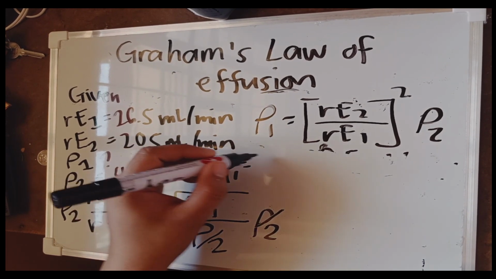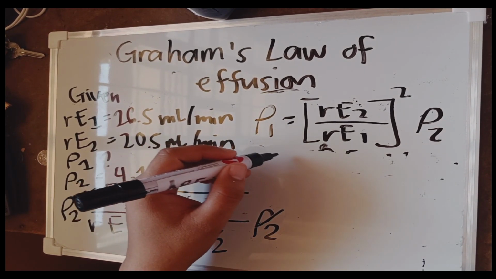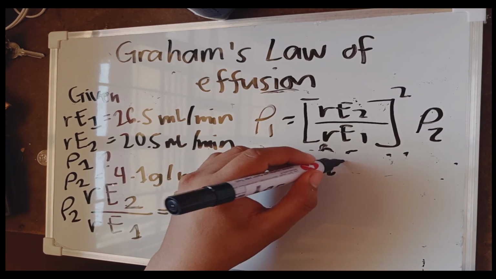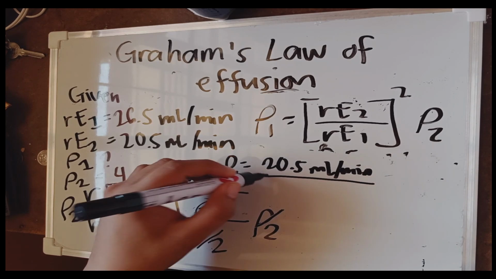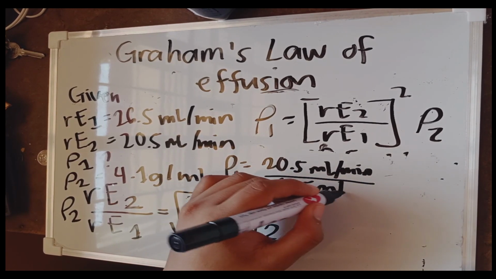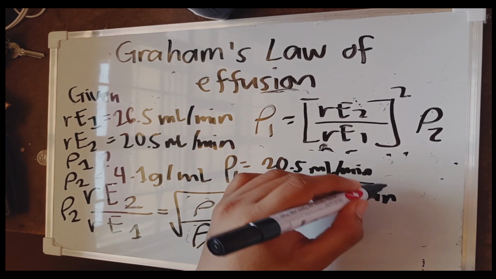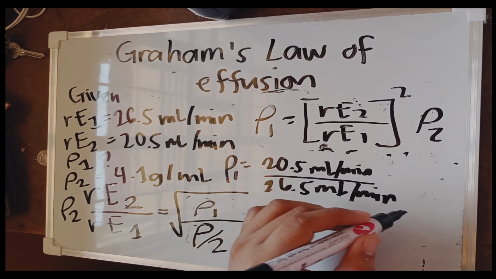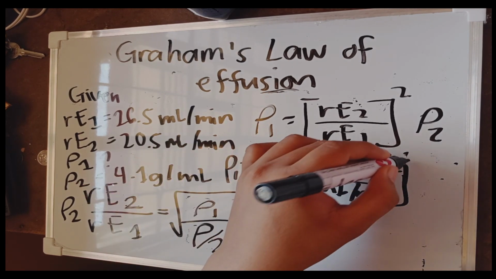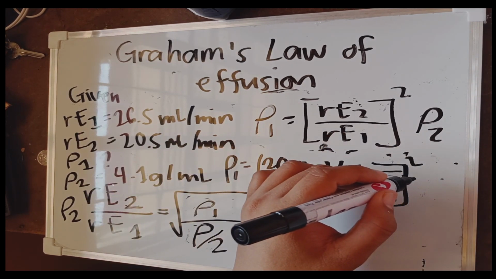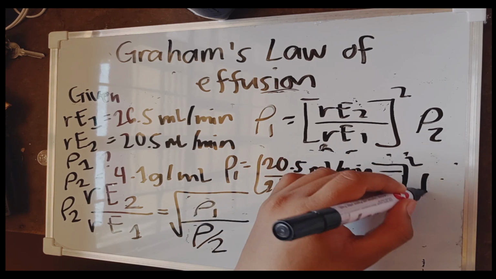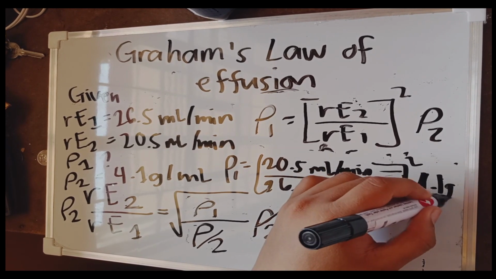So density 1 is equal to rate of effusion 2, 20.5 ml per minute, over 26.5 ml per minute, squared, multiplied by the density 2, which is 4.1 gram per ml.